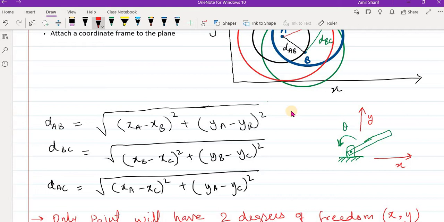Why? Because here we have a constraint, and this constraint does not allow any linear motion. It only allows circular motion.